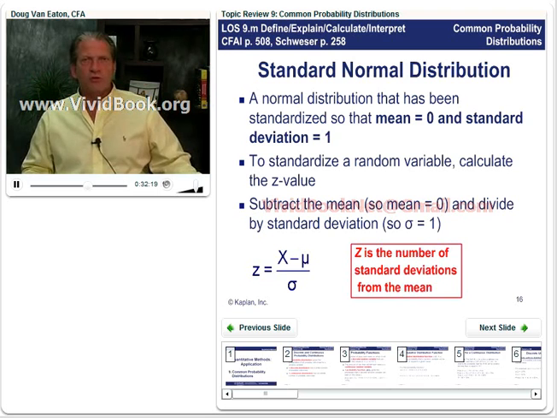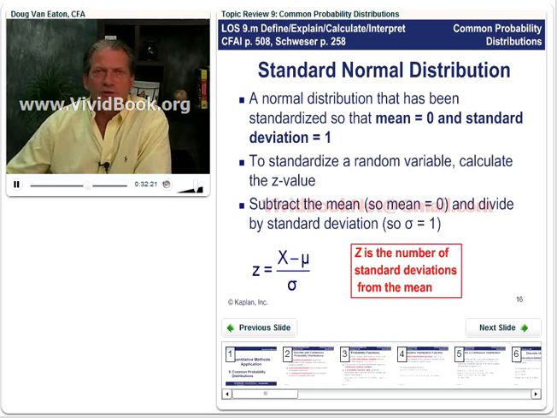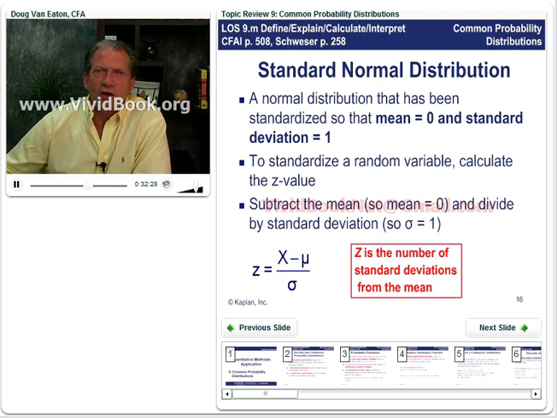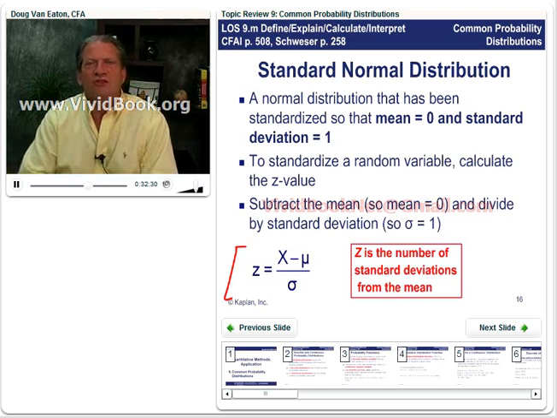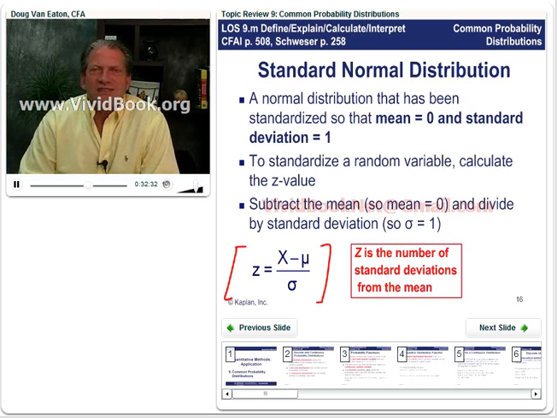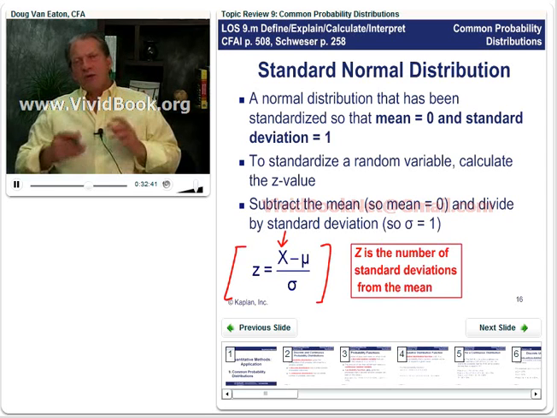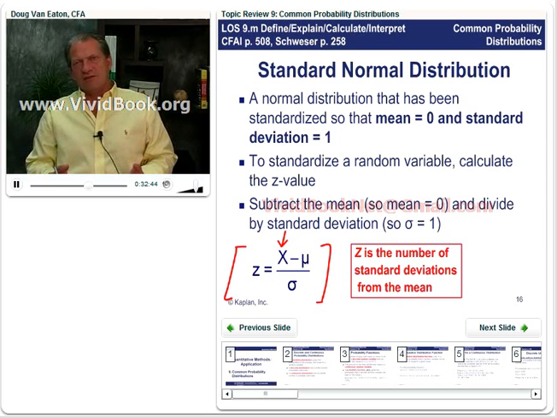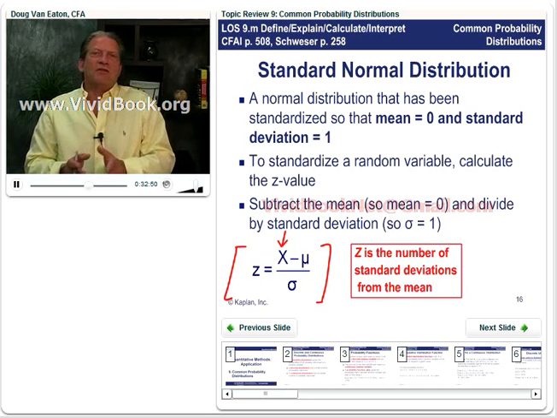And so what we'll do is we'll calculate the z-value, but don't get too intimidated by this particular calculation, because all we're doing is, here's our observation, x. We're just going to take x and say, how many standard deviations from the mean is it? That's called standardizing it, because how many standard deviations from the mean is it is the same question as where would it lie on a standard normal distribution, because each standard deviation is 1.